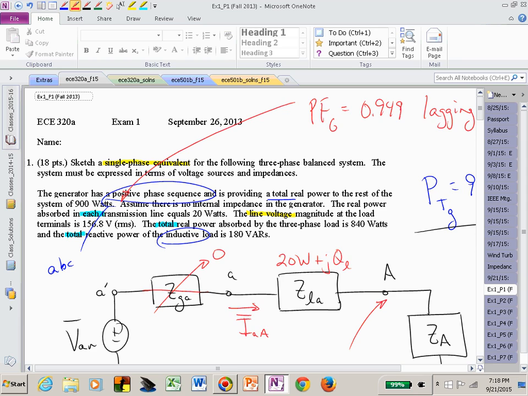So the question was, it depends on where the lagging is. For example, if you had a transmission line that was capacitive, and it ended up changing the characteristics, then you would need to know whether it was leading or lagging, or inductive or capacitive. Your particular sign on your reactive power.